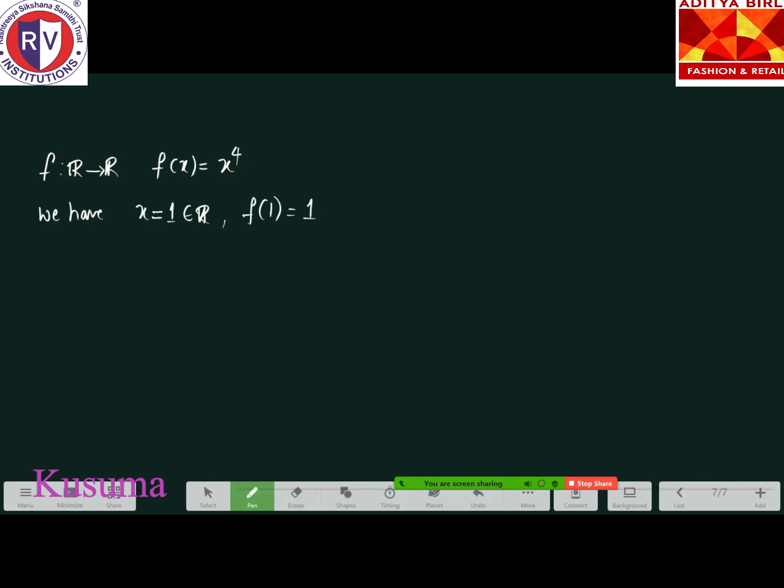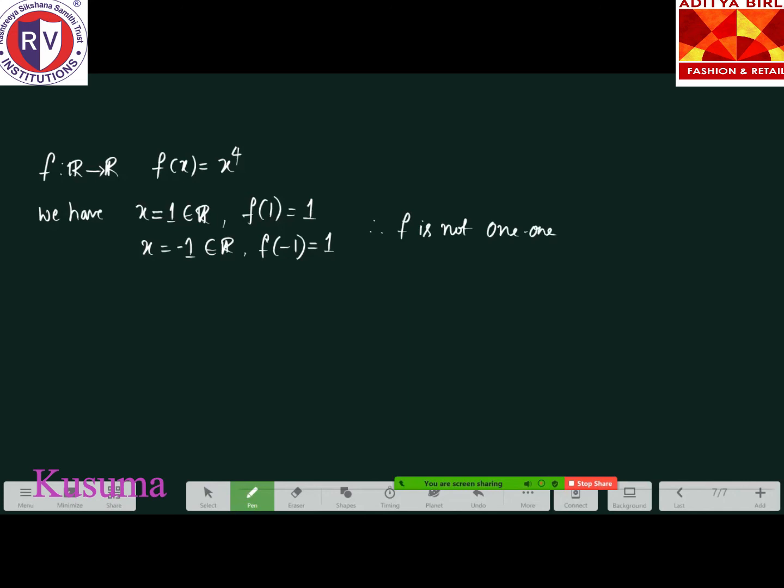And x equal to minus 1, so minus 1 also belongs to R. So f of minus 1 is also equal to 1. That is minus 1 raised to 4, right? Since here both the pre-images, that is 1 and minus 1, have the same image, f cannot be 1-1. Therefore, f is not 1-1.